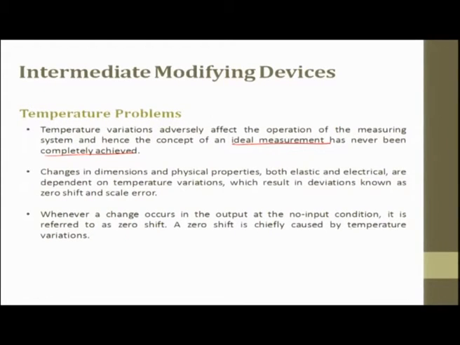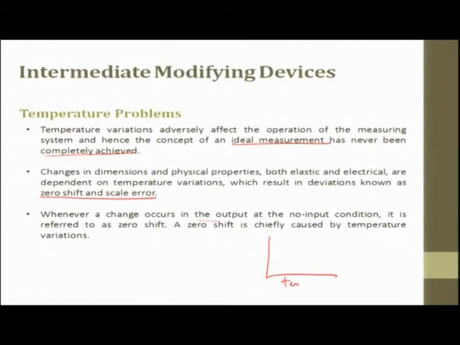Increase in length happens because of temperature, and when the current passes through it, you get a completely different electrical response, which results in a deviation known as zero drift or scale error. This is when a change occurs in the output at the no-input condition.